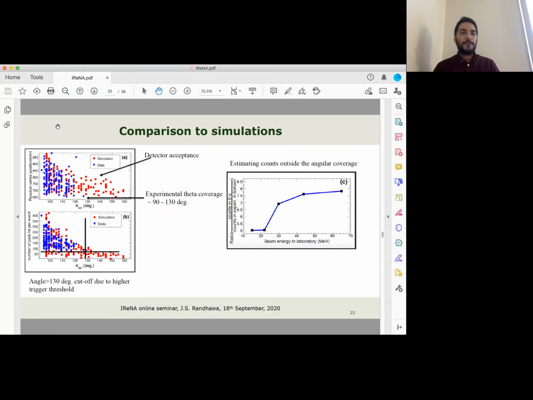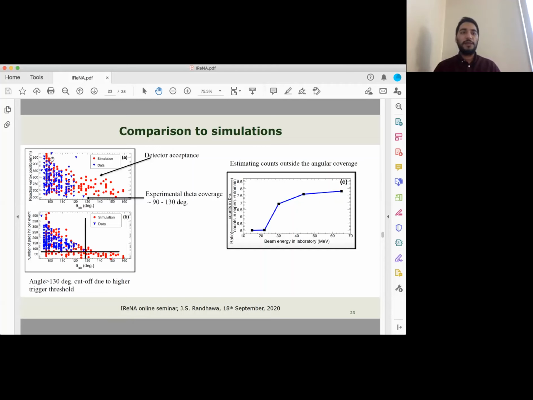So what we finally have is the reaction vertex position as a function of lab angle. As I said, we only looked at the protons which were backscattered. The blue triangles are our data, and the red ones are the simulation, which also includes the detector acceptance.